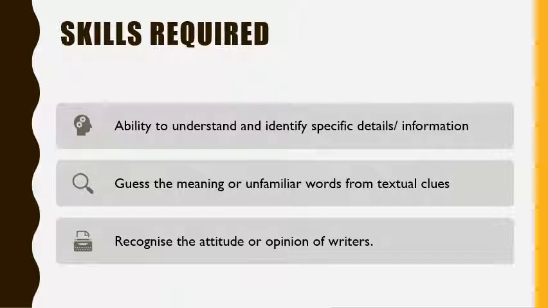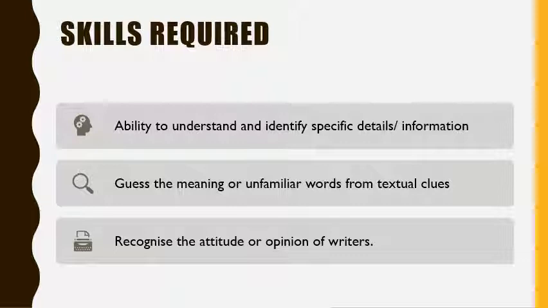For matching and informational transfers, you will be tested in terms of your ability to understand and identify specific details and information. Kemahiran untuk memahami dan mencari maklumat yang terperinci daripada perenggan-perenggan A sampai F. Kemudian, you have to guess the meaning of unfamiliar words from contextual clues.